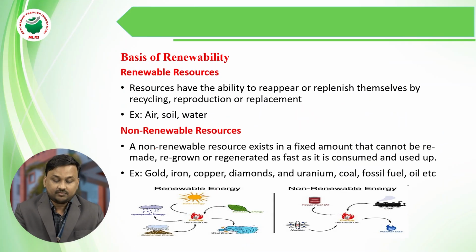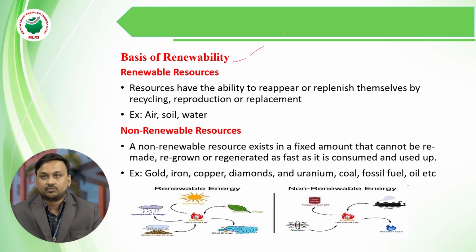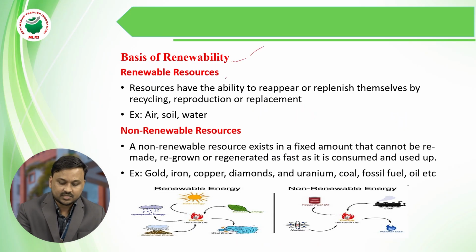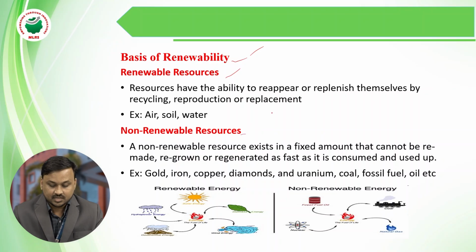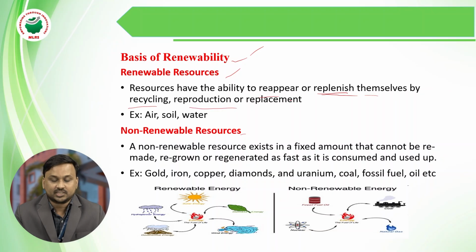The basis of renewability is divided into two types: renewable resources and non-renewable resources. Renewable resources have the ability to reappear or replenish themselves by recycling, reproducing, or replacement. Examples of renewable resources are air, soil, and water.